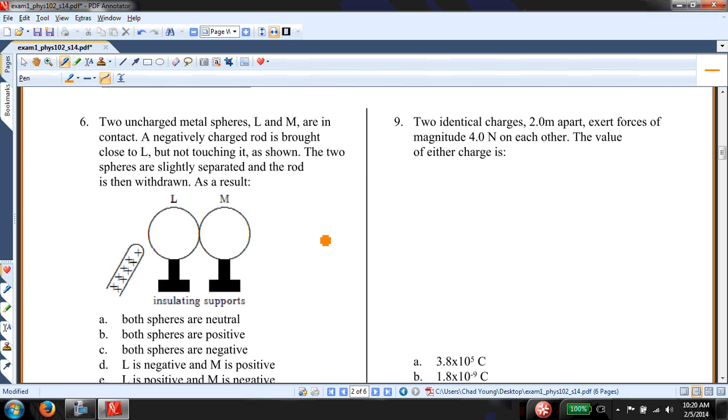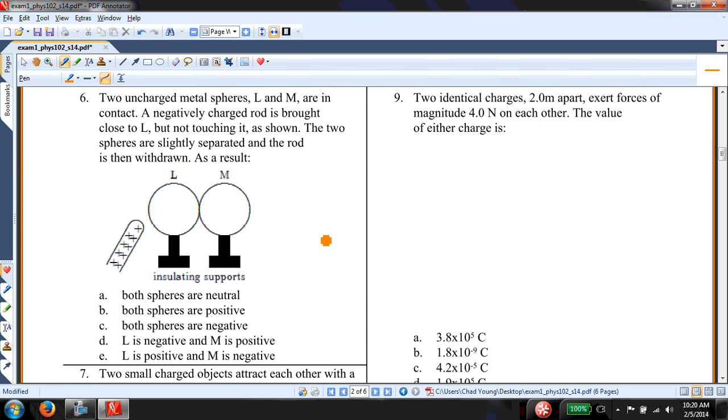Number 6, two uncharged metal spheres, L and M, are in contact. A negatively charged rod is brought close to L but not touching it, as shown.